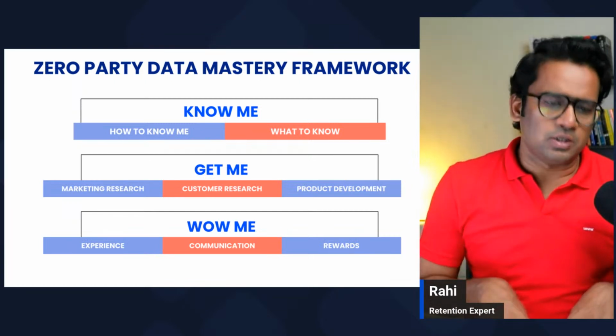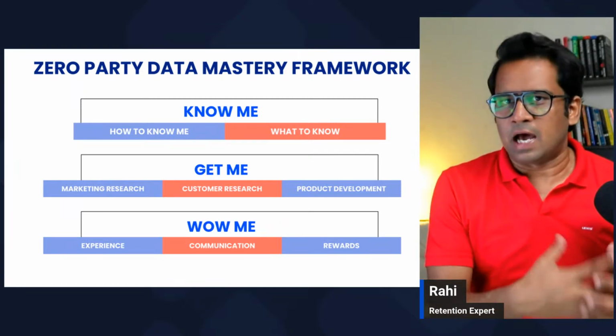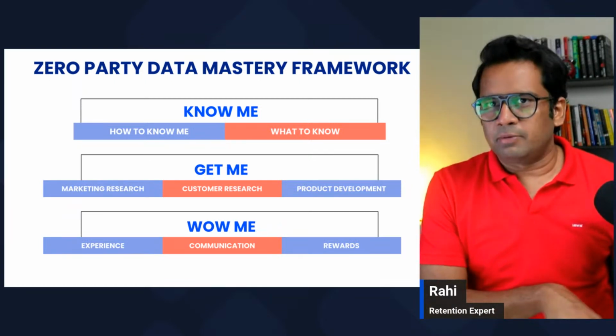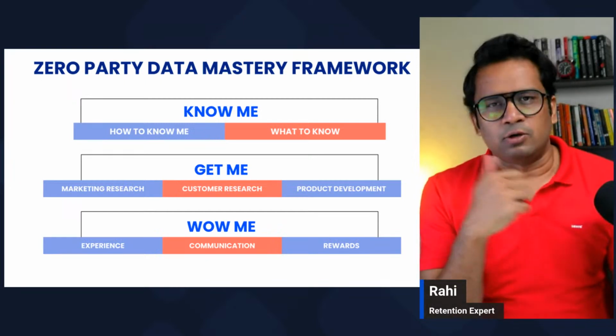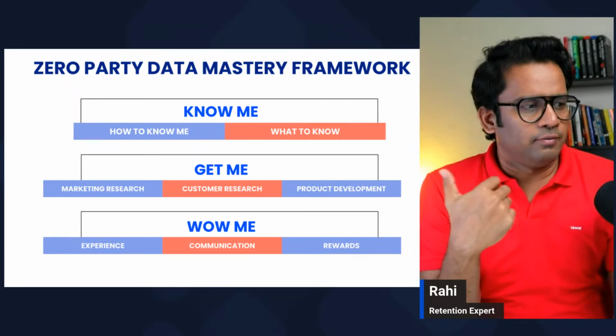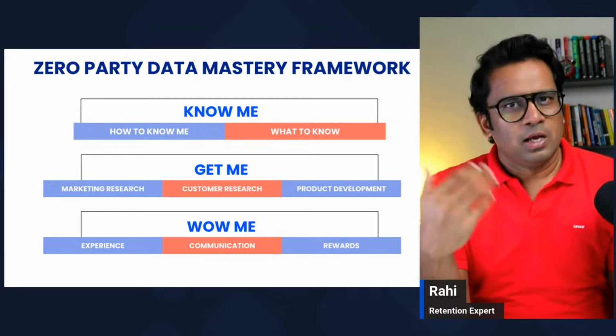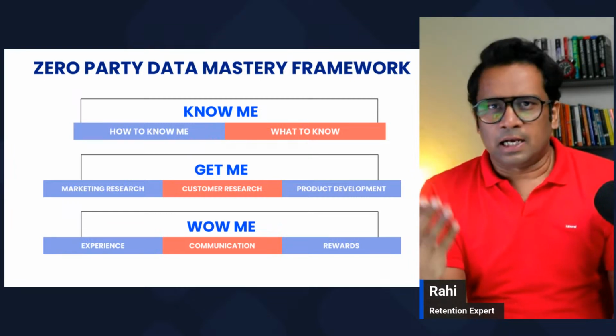Basically, how we structure it internally is that we break it up into three sections. One is Know Me: whatever you are doing to know the customer, gathering and collecting data.